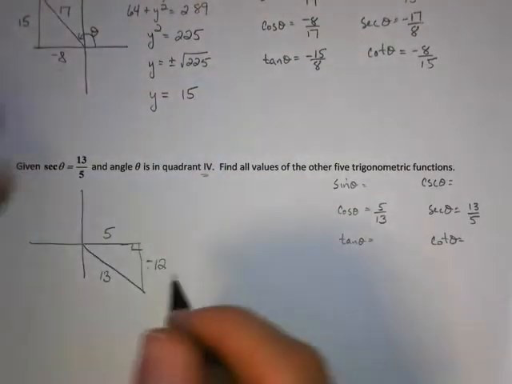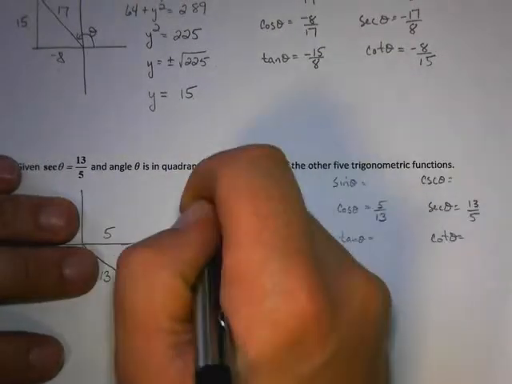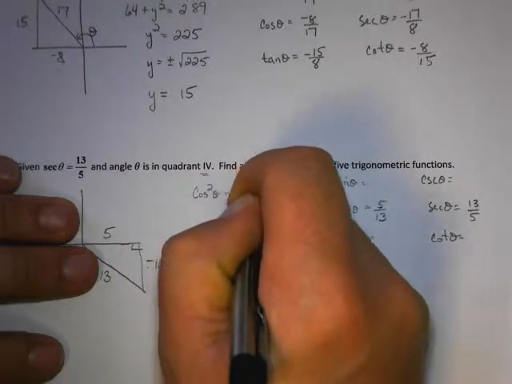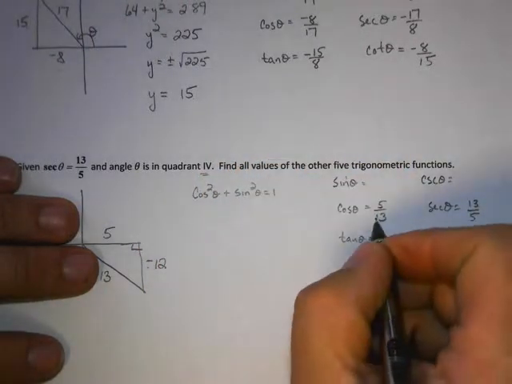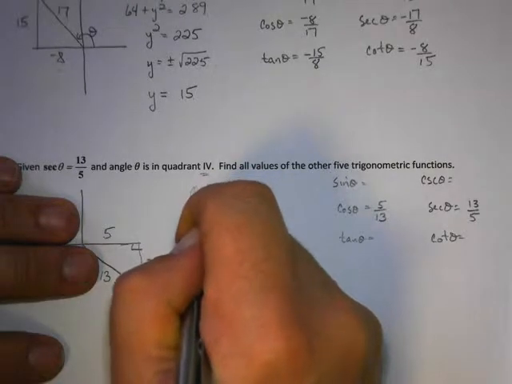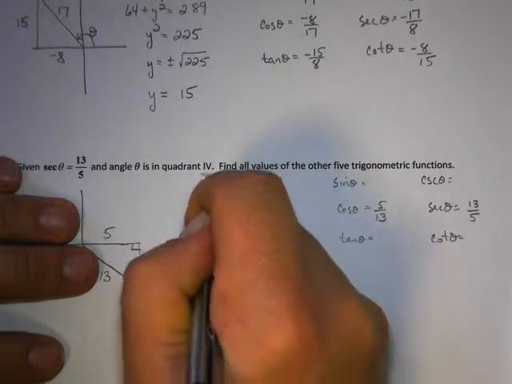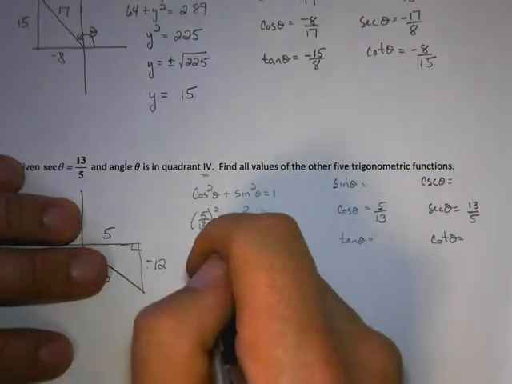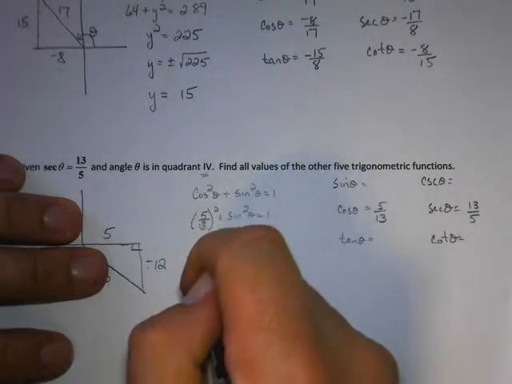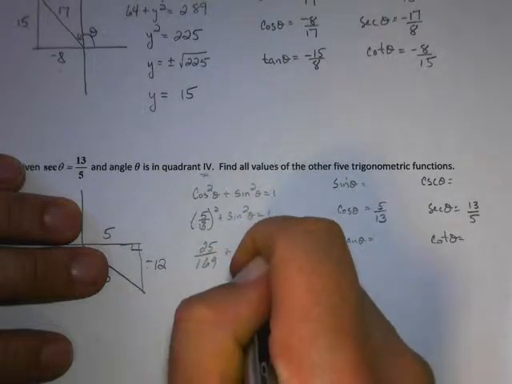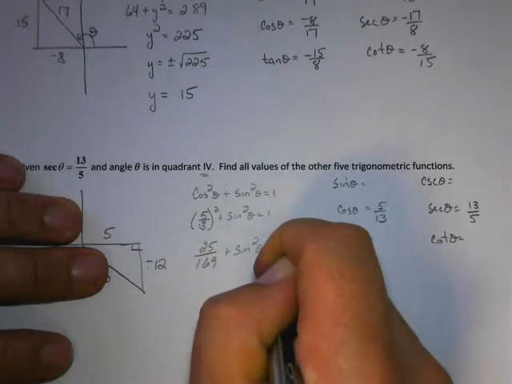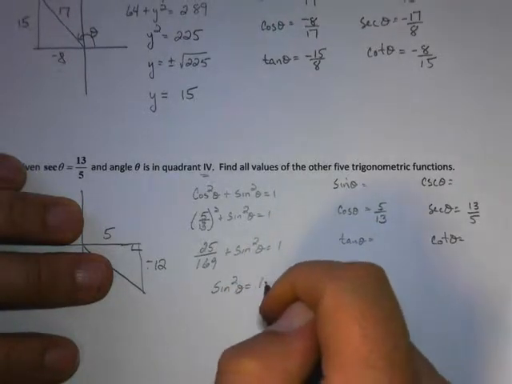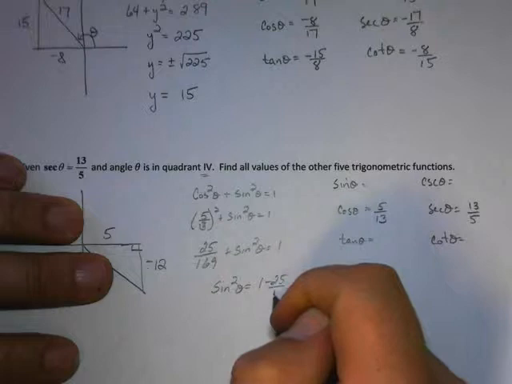So you could use this, or I'm going to use an identity. Cosine squared theta plus sine squared theta equals 1, since we have cosine. 5 over 13 squared plus sine squared theta equals 1. 25 over 169 plus sine squared theta equals 1. Sine squared theta equals 1 minus 25 over 169.